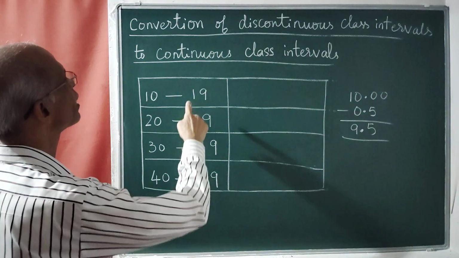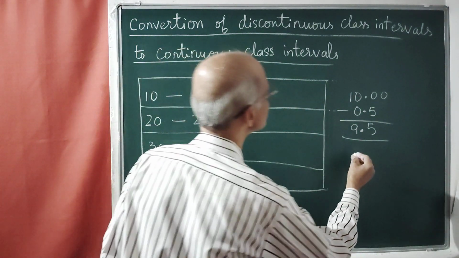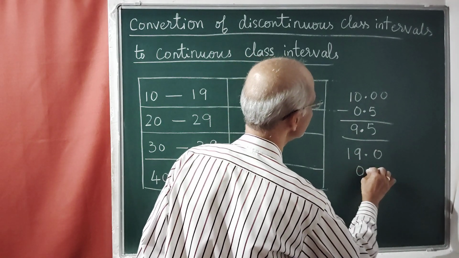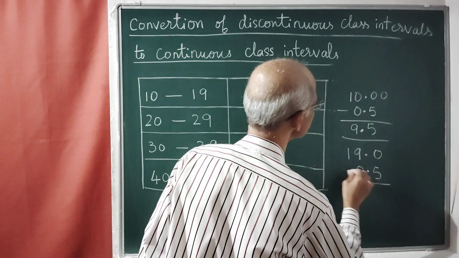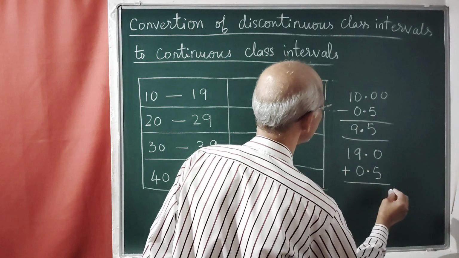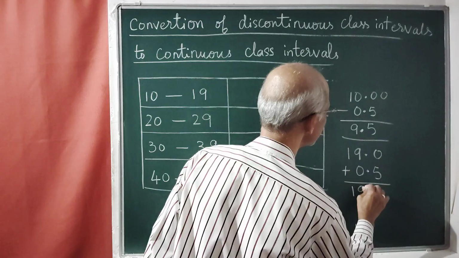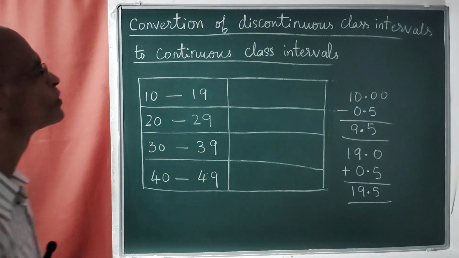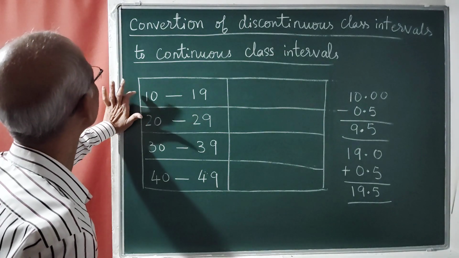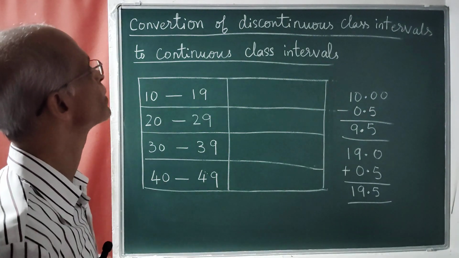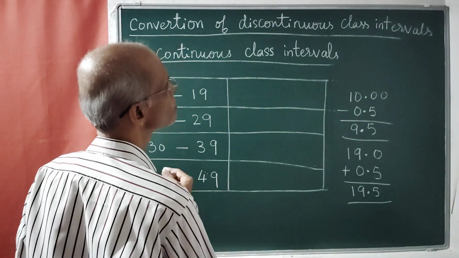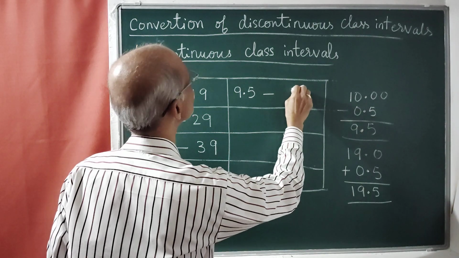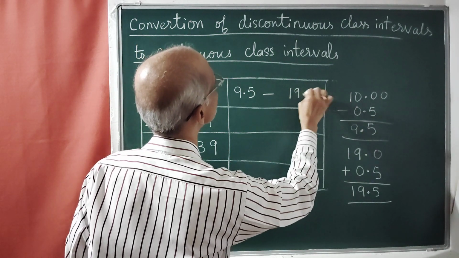Then we have to add 0.5 to the upper limit. 19 plus 0.5, so we will get 19.5. To convert, we subtract 0.5 from the lower limit and add 0.5 to the upper limit. So we'll get 9.5 to 19.5.